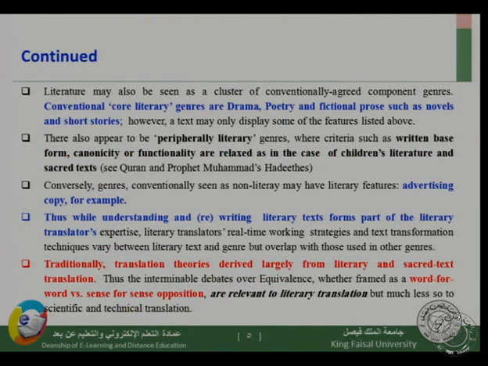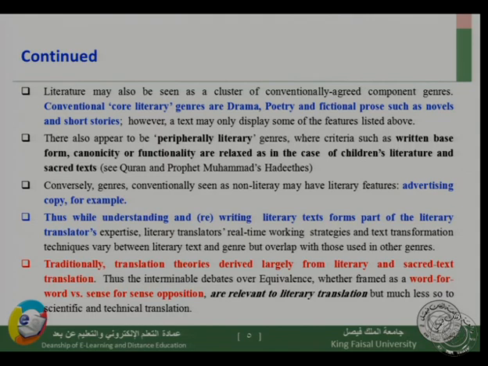Again, it's not only these features. Conventionally speaking, if you ask what do you mean by literary text, I mean, what are the genres of literary text?